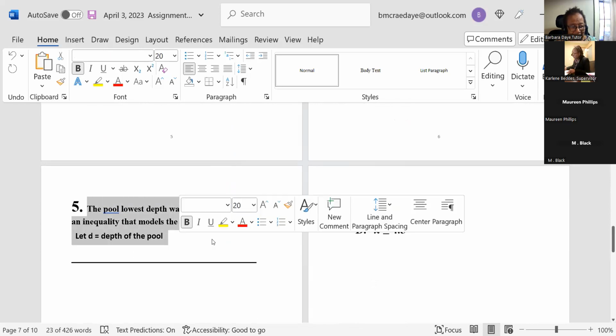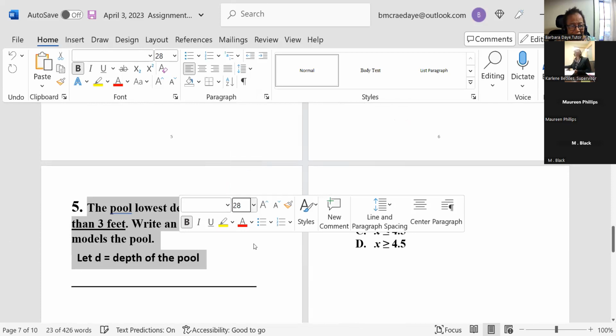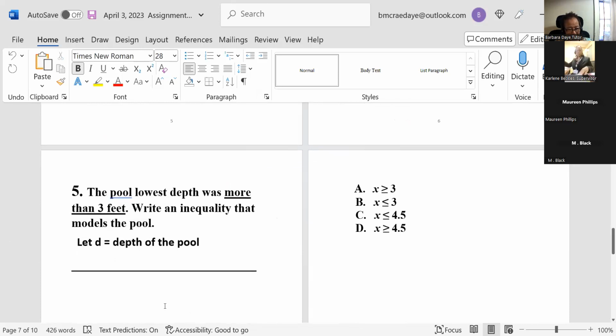Now read it and tell me what inequality you would write. The pool depth was more than 3 feet, and the inequality models the pool. Let D equal the depth of the pool. So let's put our D here.